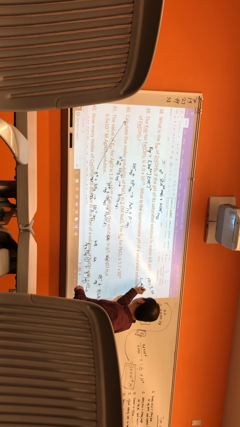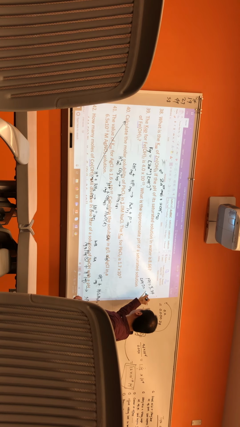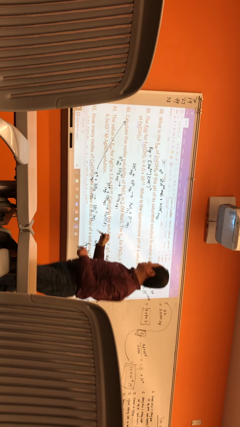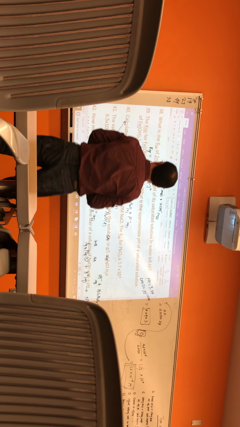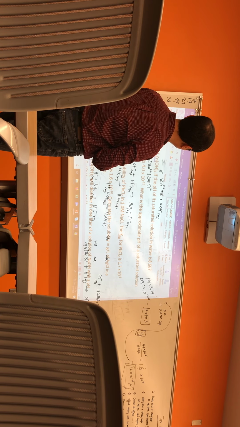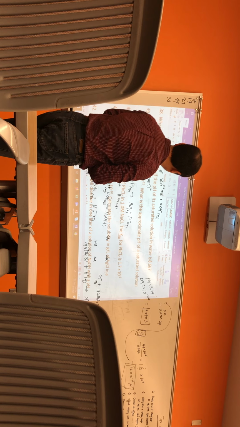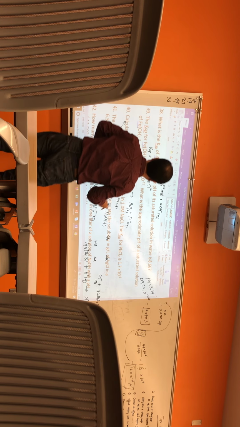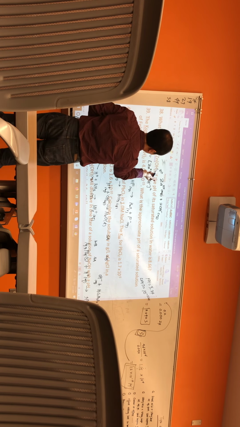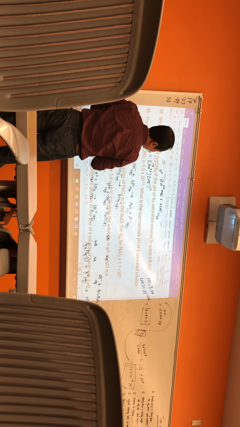That means hydroxide concentration is 10 to the minus 5.34. So we know hydroxide. We're going to still have to solve if S amount is dissolved.